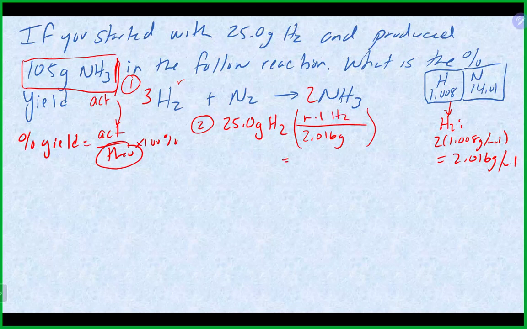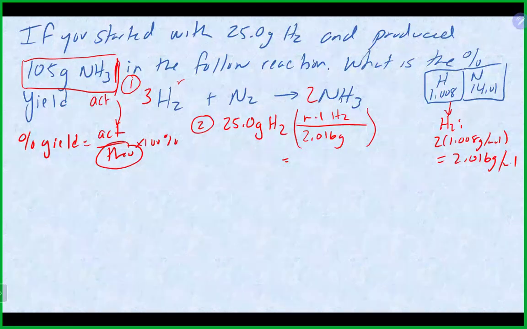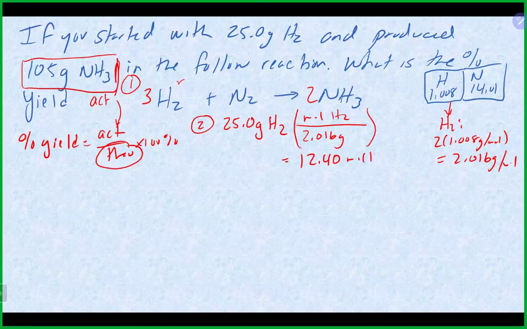That's going to get us here 25 divided by 2.016, which gets us about 12.40 moles of H2.